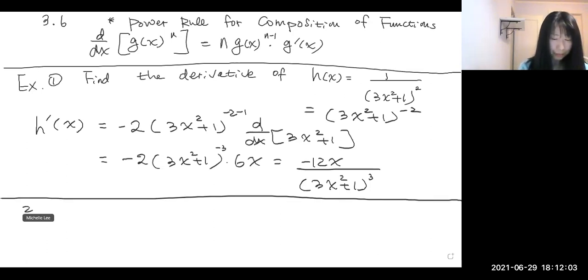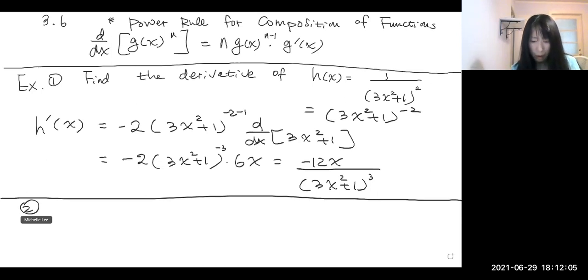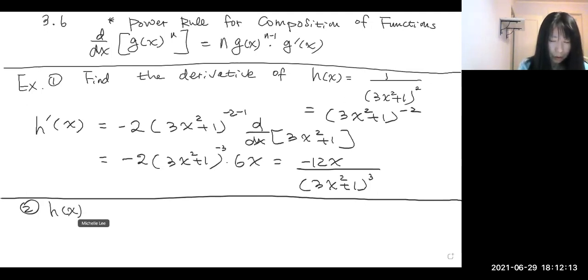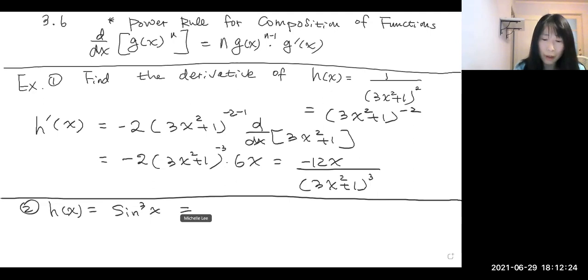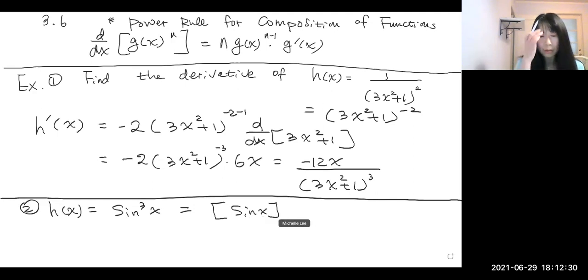Number 2. Same h of x equal to sine cubed x. So once again, this means sine x to the third power.